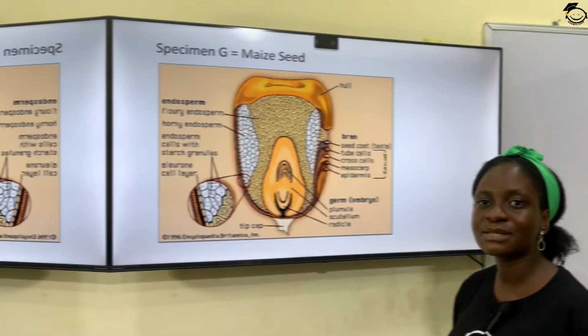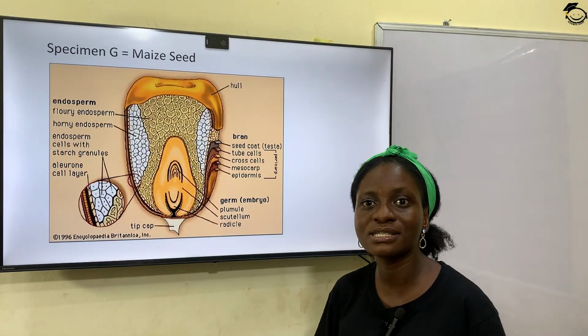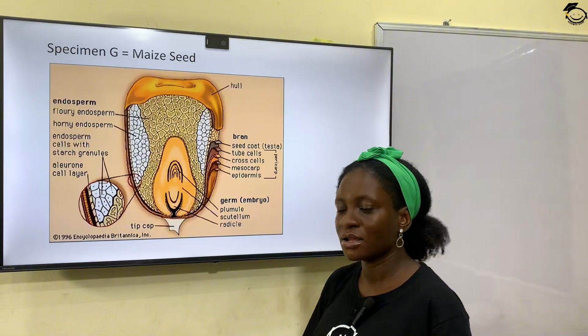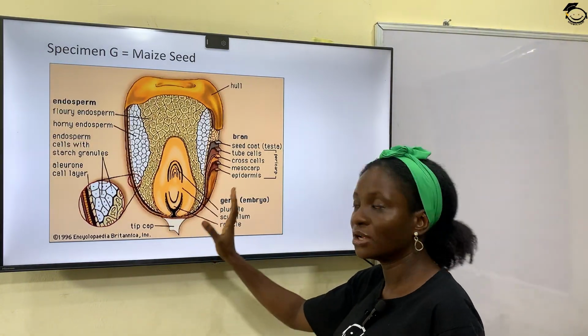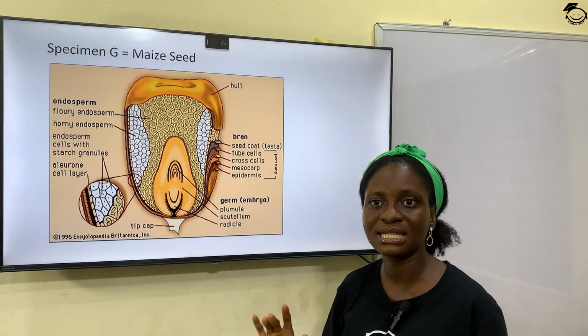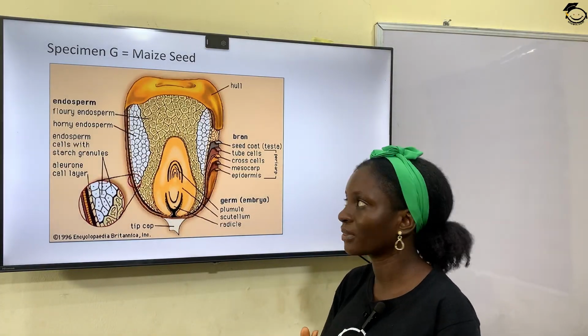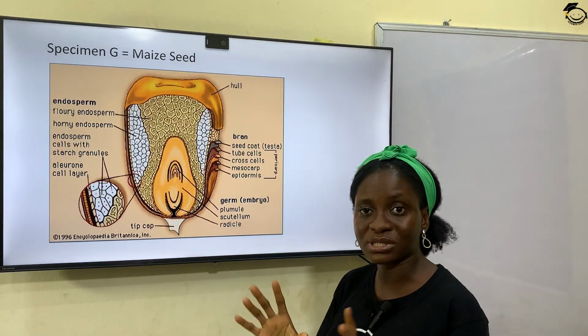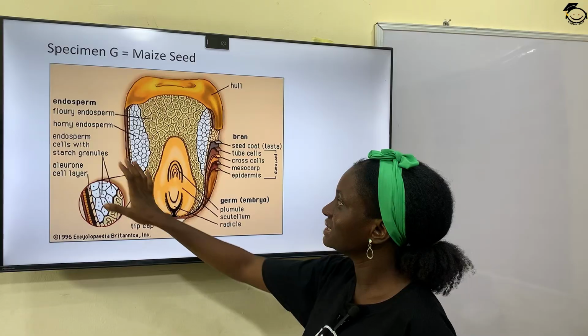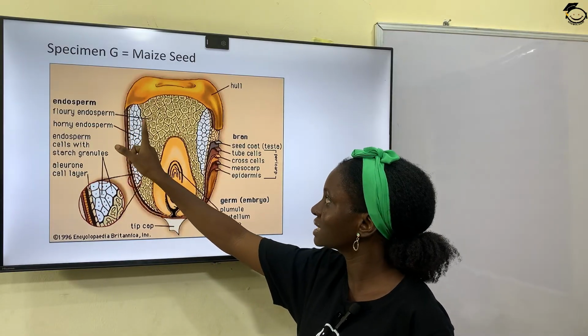Specimen G. Specimen G is maize seed. To label a maize seed, we have the outer parts known as the hull. It protects the seed. That is what is known as the hull. It serves as a protective layer. Then the endosperm. This is the endosperm.